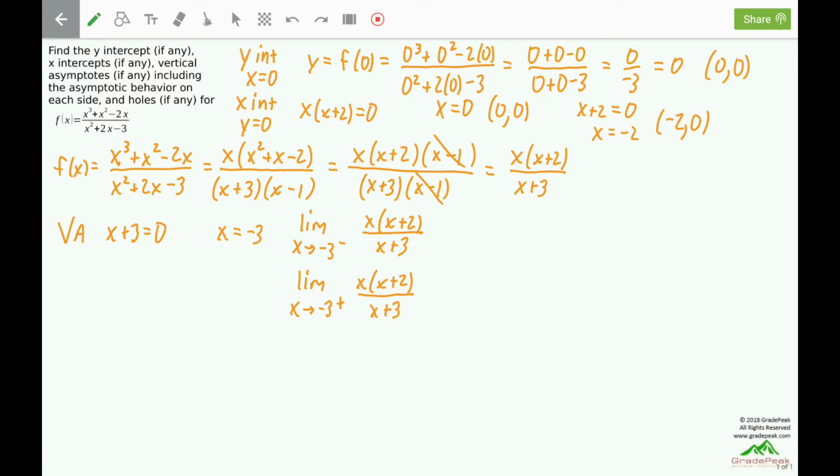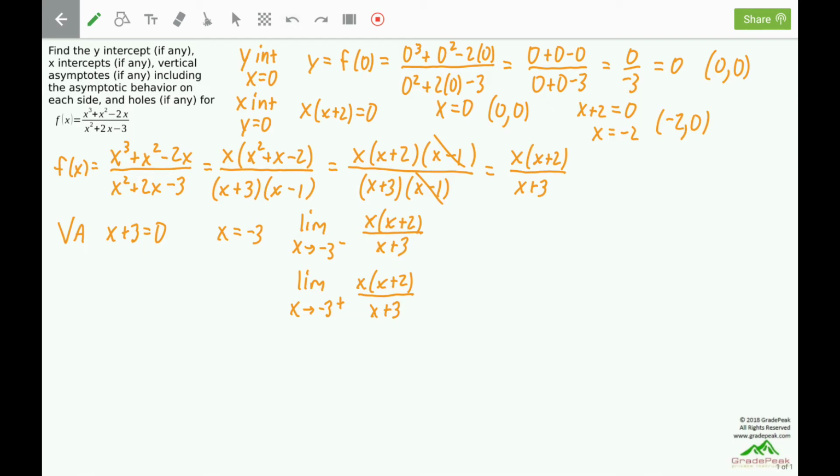Let's start with the left-sided limit. We want to look at the factor in the denominator that is making 0 in the denominator as x approaches negative 3. Well, that will be x plus 3.